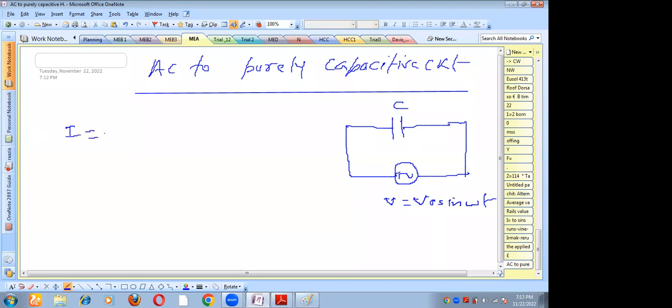You will get current equal to I naught sin(omega t plus phi).